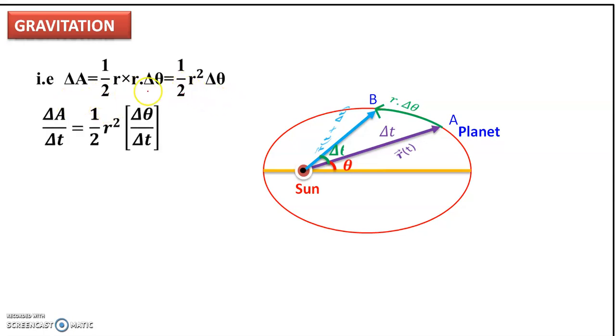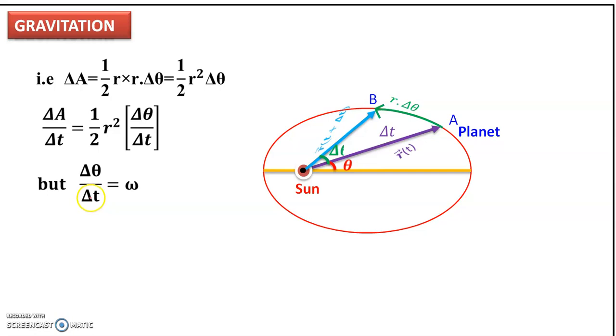Now, dividing both sides by delta T, delta A by delta T is equal to half R square into delta theta by delta T. What is delta theta by delta T? It is the change in angular displacement with respect to time.